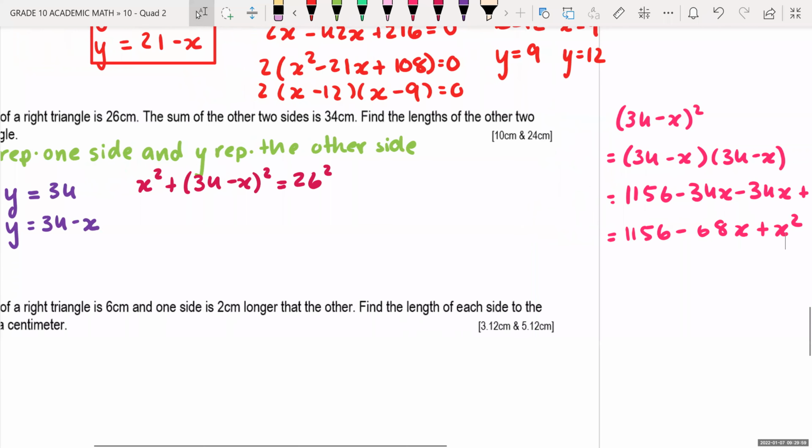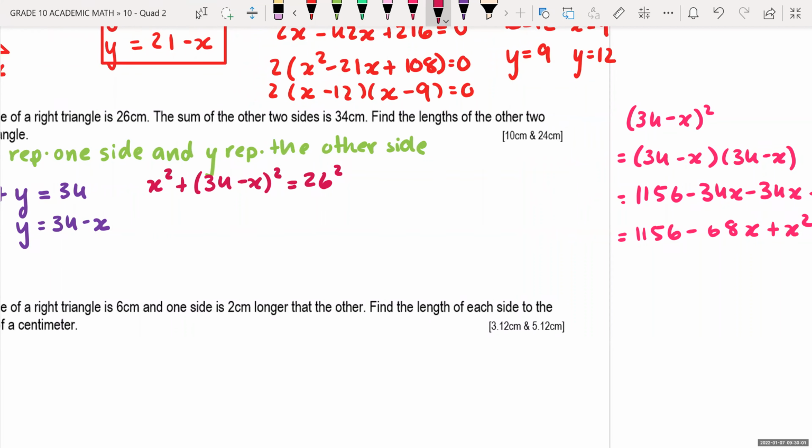Now I'm going to come back to my original question and write that in. So it's going to be x squared plus 1,156 minus 68x plus x squared, and it's going to equal 676.